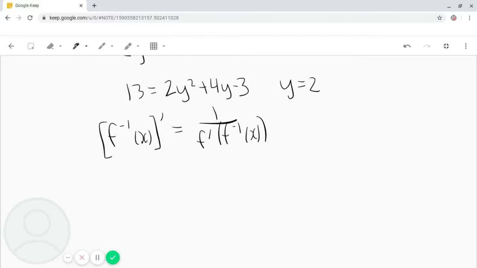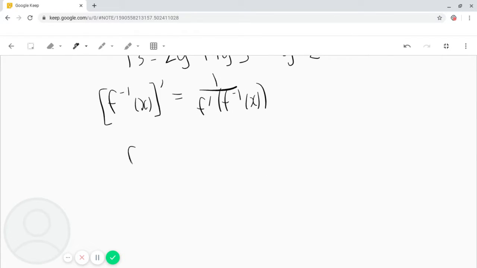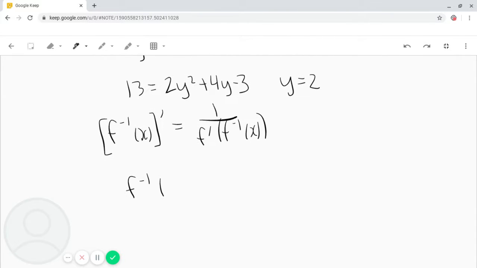So we need to solve for these parts. We know that f inverse at x equals 13 is equal to 2, and that was what we just solved for a few moments ago. And then we want to find f prime at 2.